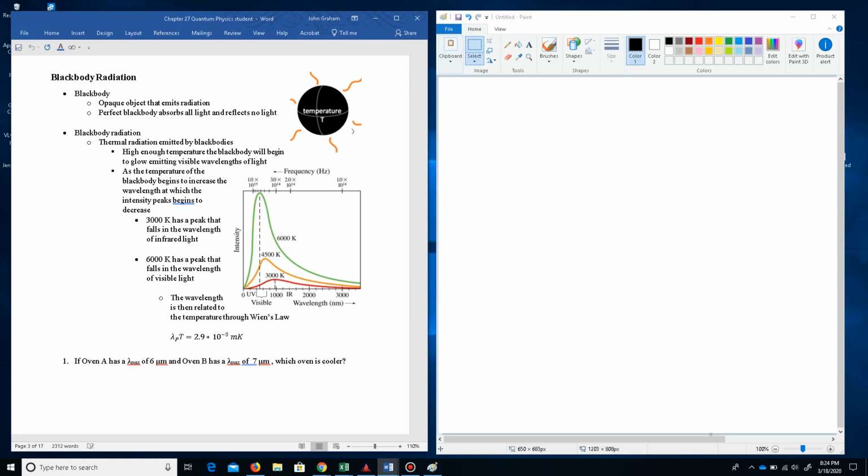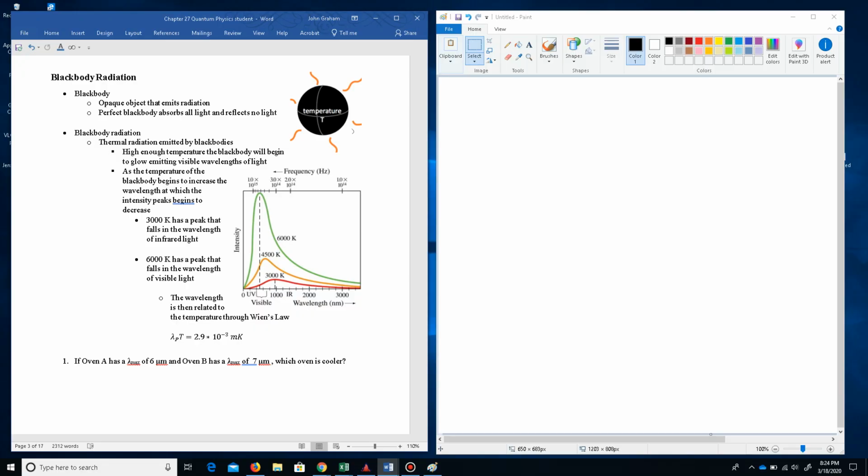And at a high enough temperature, the black body will begin to glow, emitting visible wavelengths of light. And as the temperature of the black body begins to increase, the wavelengths that it emits will begin to decrease.